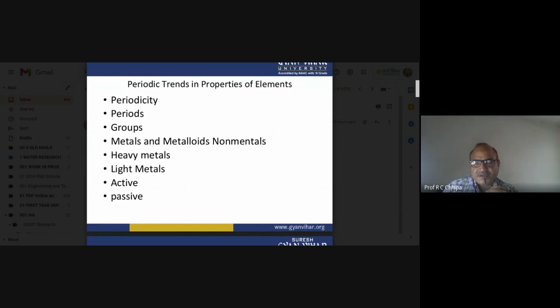After a certain period, just as we get new days after 24 hours, similarly after certain periods the element goes to that particular group.